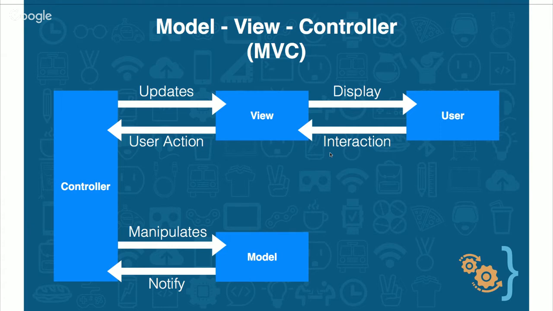Now, Facebook might have a model, which is messages that are being sent. So we're gonna manipulate the model. We're gonna add a new message in there. When it's done, the model will tell the controller, hey, the message is being saved. And the controller can then update the view, and then you will see it. So that's the whole process when you click something and there's an action that occurs. We're saving it to the database.